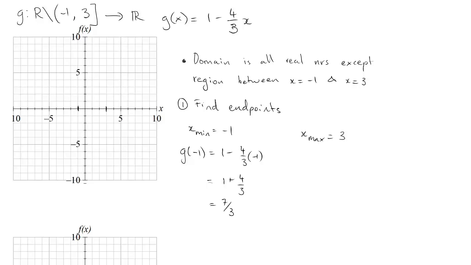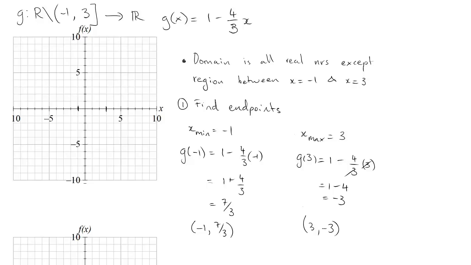And then we have the x maximum value, where we have to replace this with 3. So 1 take away 4/3 times by 3, that and that cancel, and you get 1 minus 4, which is -3.